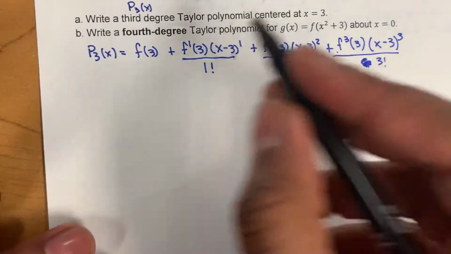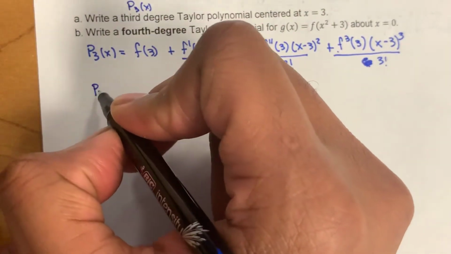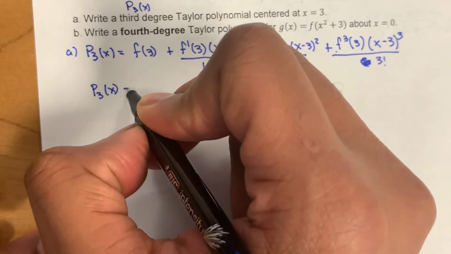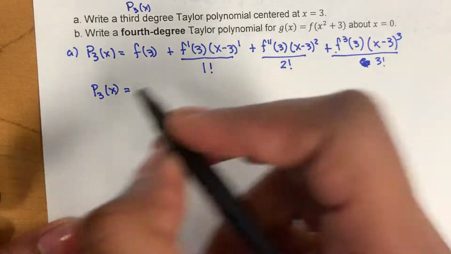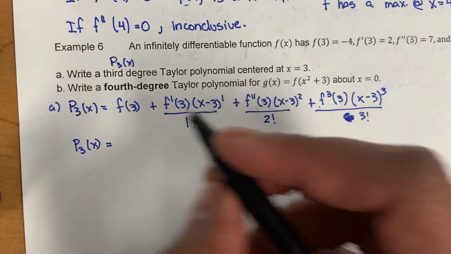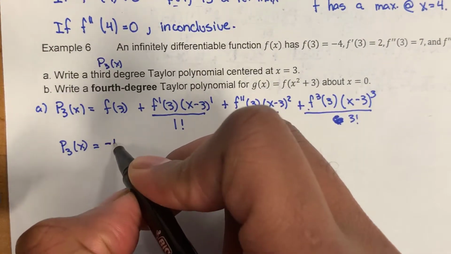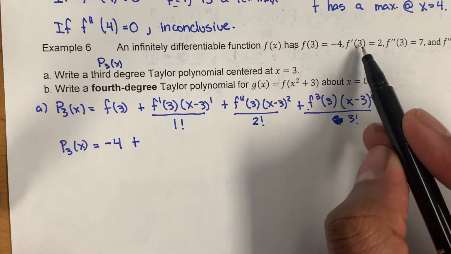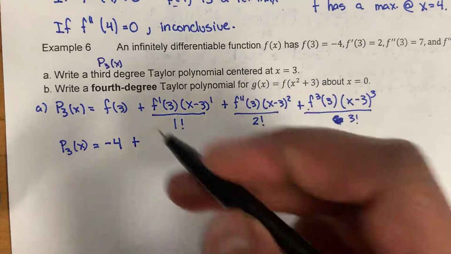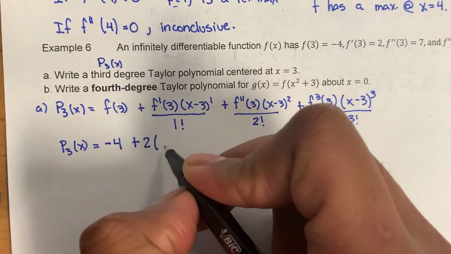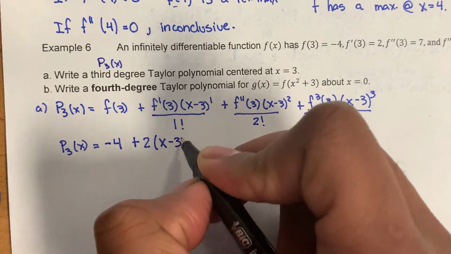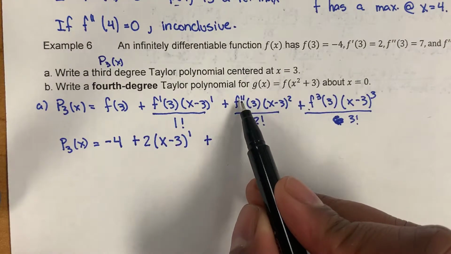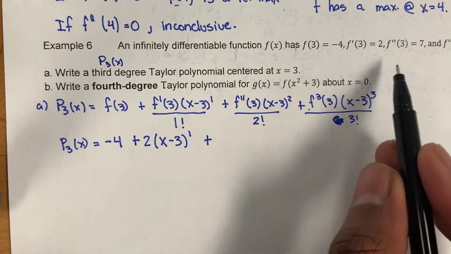So if we expand this out a little further, we get part A. So for part A, P3 of x is f of 3, which is -4, plus f prime of 3, which is 2, over 1 factorial, times x minus 3 to the first, plus the second derivative evaluated at 3, which is 7.